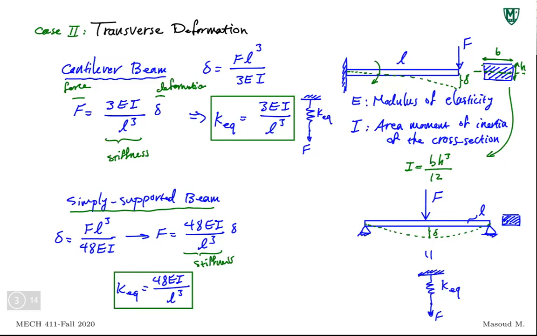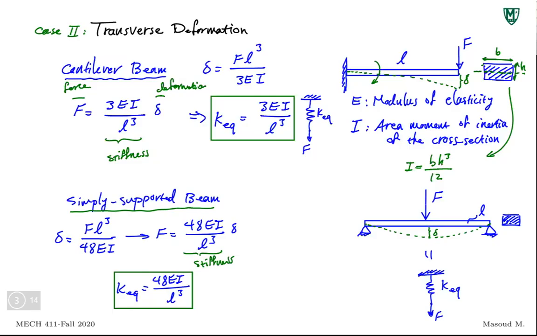If the force was applied somewhere else and we're looking at deformation in another place, we would need to know a different relationship between deformation and force. This delta equal to FL^3 over 48 EI is for this specific case where the force is applied exactly in the center and delta is also exactly at the center.